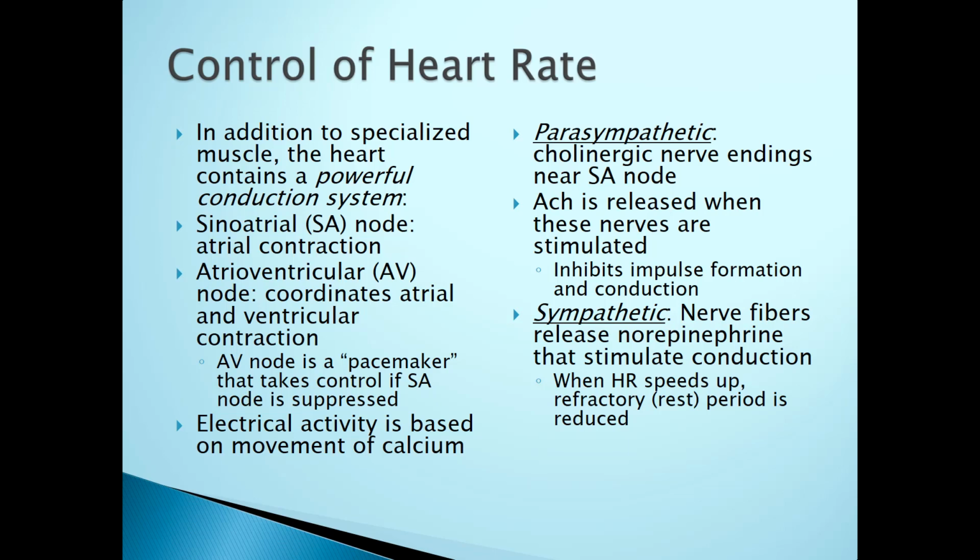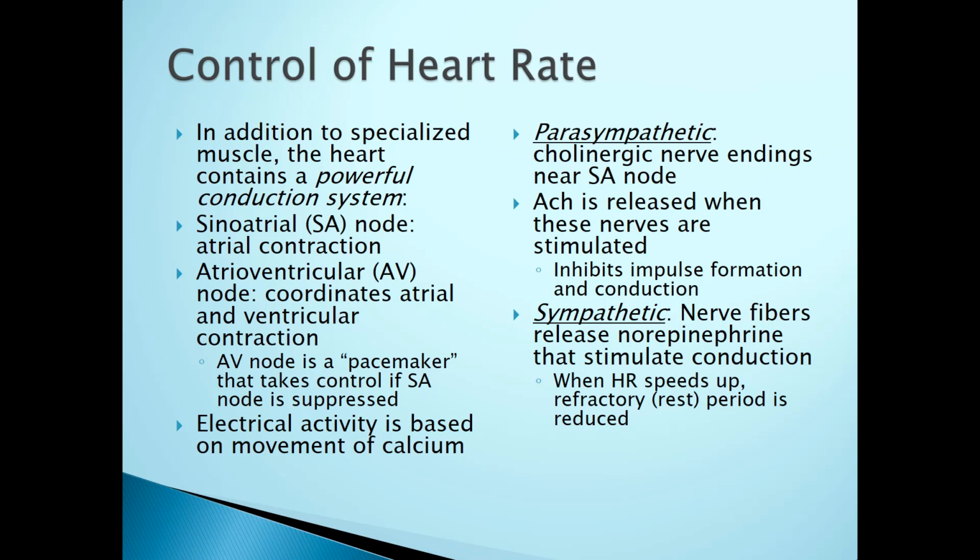This action potential moves from the SA node to the atrioventricular or the AV node, and that coordinates atrial and ventricular activity. Action potentials cause heart muscles to contract and push the blood out. In order for the heart to pump effectively, both atria need to contract at the same time.